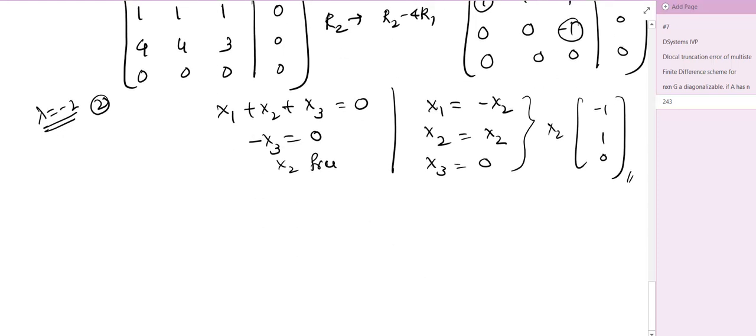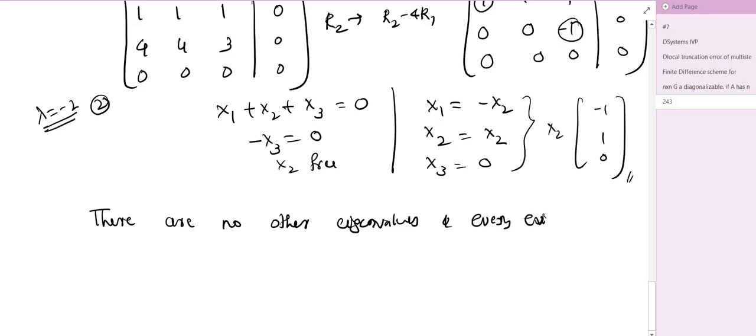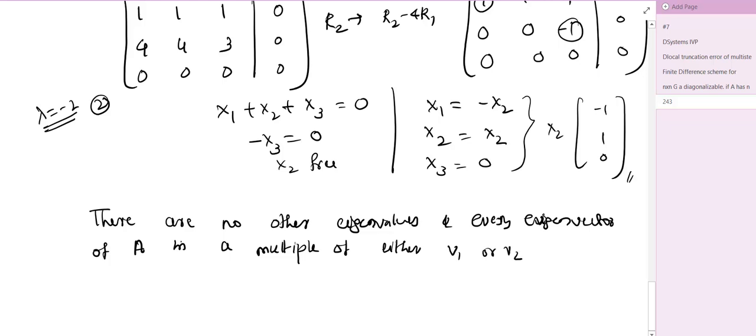But we are supposed to get 3 eigenvectors. So there are no other eigenvalues. We have no other eigenvalues, and every eigenvector of A is a multiple of either V1 or V2 because we have the two eigenvectors.